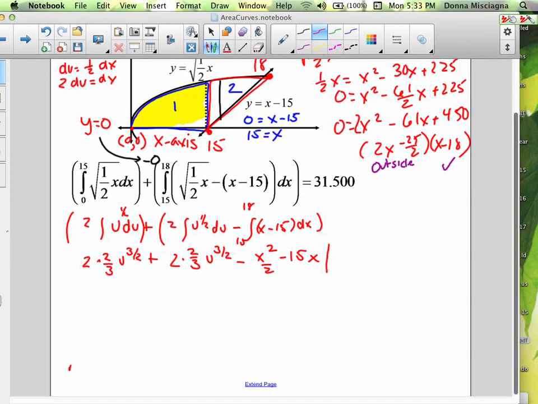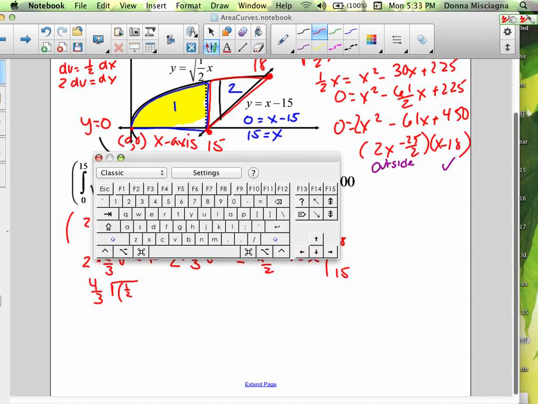And eventually, we'll put back the limits of integration on this part. All right, so let's simplify that and we'll plug back. So this is going to be 4/3, and the square root of u is 1/2 x. So that's 1/2.